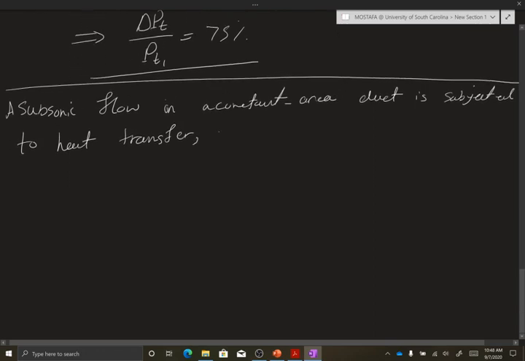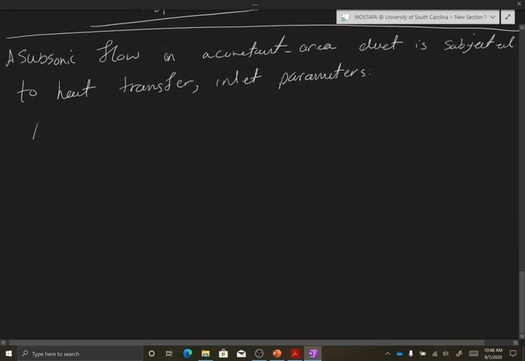We have the inlet parameters. M1 is equal to 0.5, subsonic flow. Total pressure 1 is 14.7 psia.